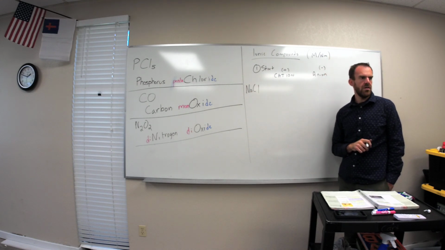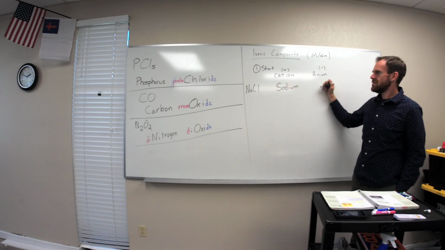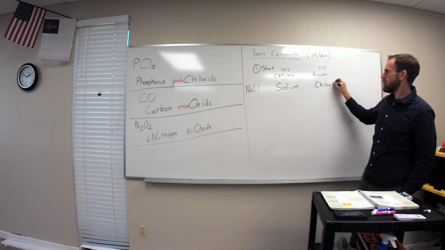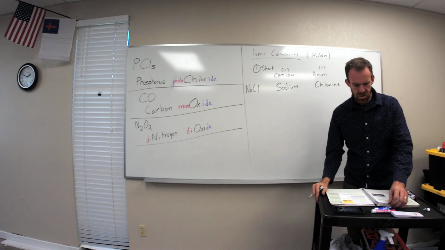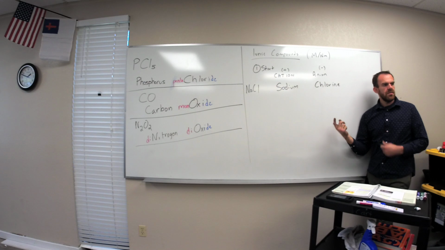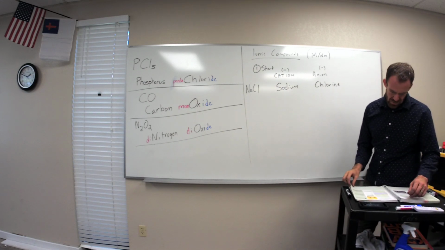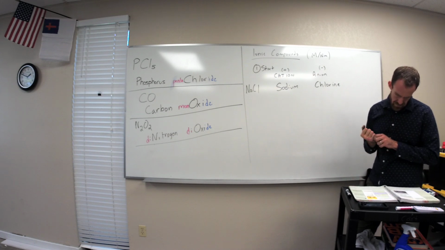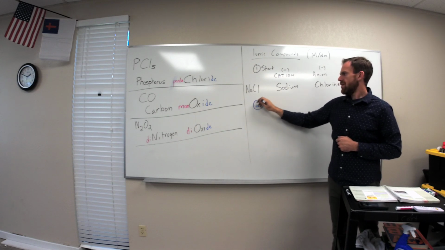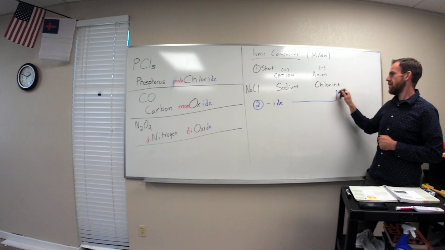Na stands for sodium. Sodium chloride. Cl is chlorine. Okay, so sodium chlorine. Now, what we are going to do is remove the ending and add the suffix ide to the anion.